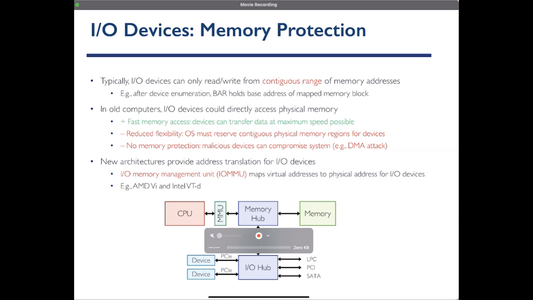In new architectures, we have fixed this problem, obviously with a cost. So this green point here, the performance, is the cost to pay. So in new designs, we're requiring, or we are enabling, address translation for hardware devices.